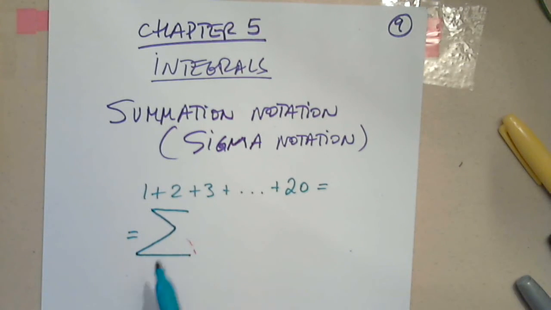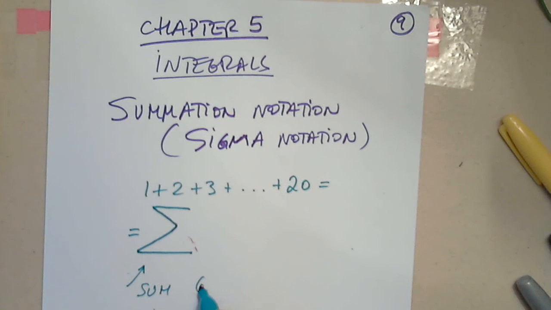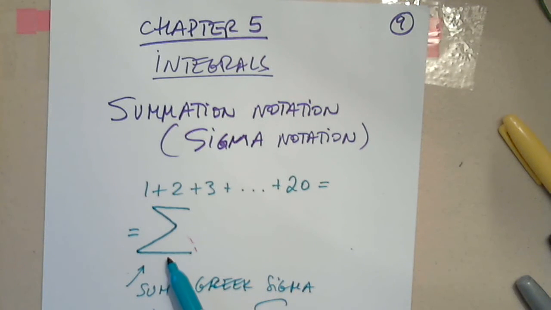So this is the symbol for sum, but it's a Greek symbol for sum, and it's called sigma. Why don't we use this symbol instead of that?